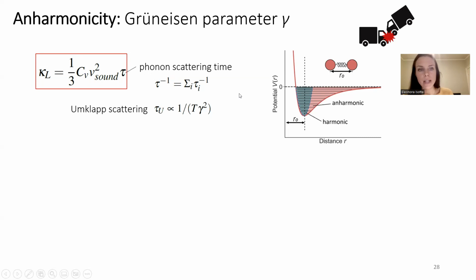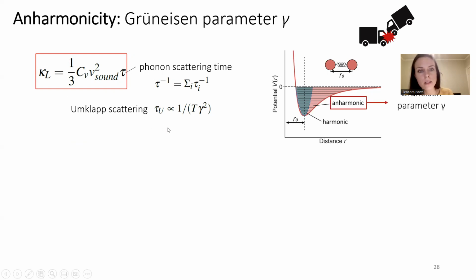So one very important type of phonon scattering is umklapp scattering or phonon-phonon scattering. And this is particularly important, number one, because the effect is increasingly strong at high temperature. And for example, thermoelectrics are normally used at high temperature. The second point is that umklapp scattering is the only type of scattering that is present everywhere, even in perfect single crystals.